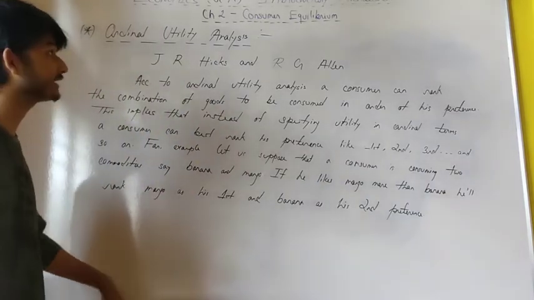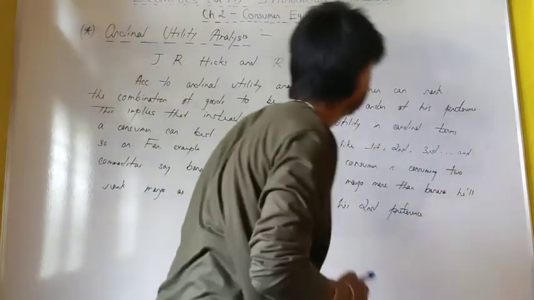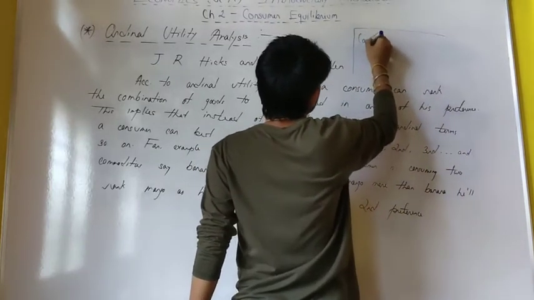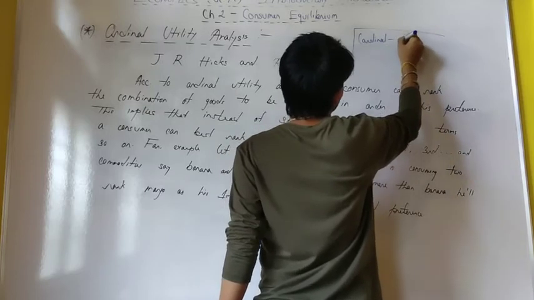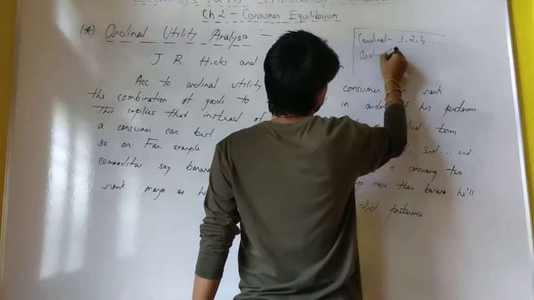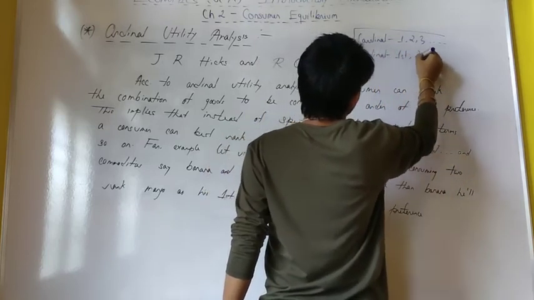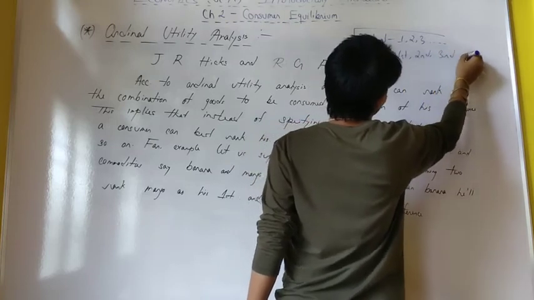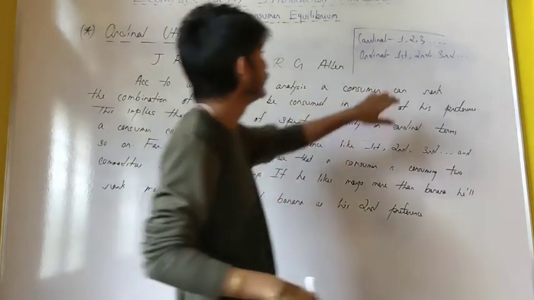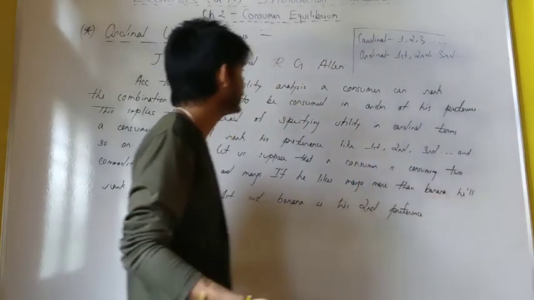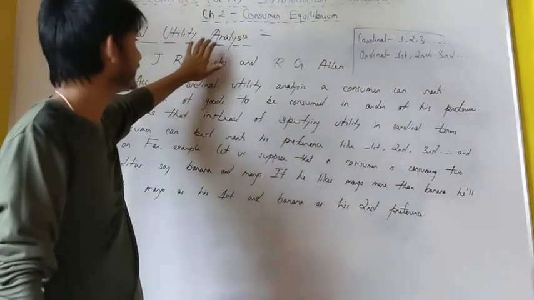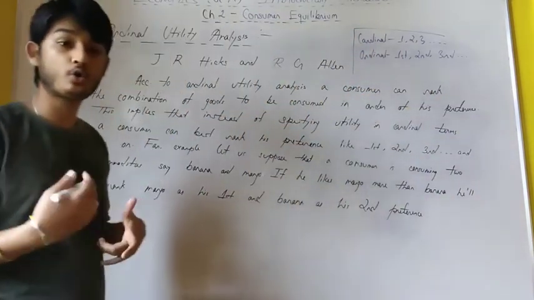Instead of using the cardinal utilities, that means the numerical measurement of utility, so instead of using the cardinal concept, the numerical concept, 1, 2, 3, 4, 5, 6, 100, 200, 300, 500, and so on and so forth, this utility analysis uses an ordering concept.